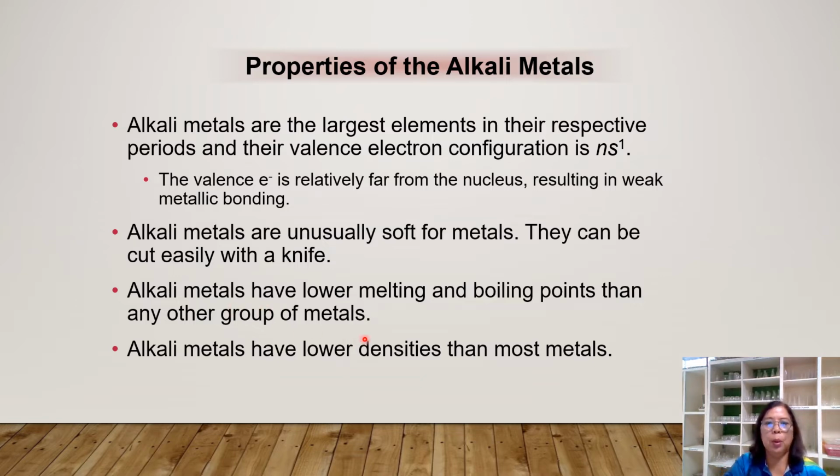Alkali metals have lower melting points and boiling points than any other metals, and lower densities than most metals. So you could simply have a trend that from left to right, the melting point and boiling point are arranged from low to high, and from left to right, the densities are also arranged increasingly.